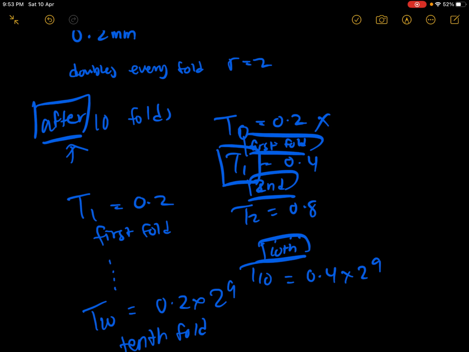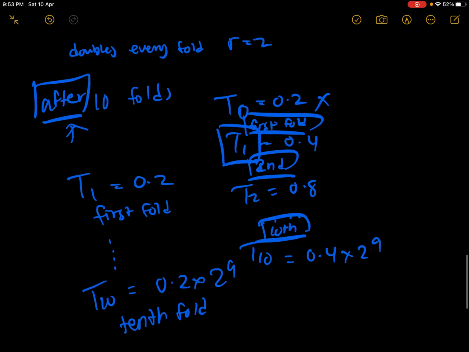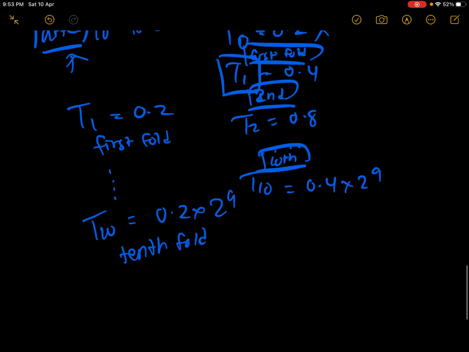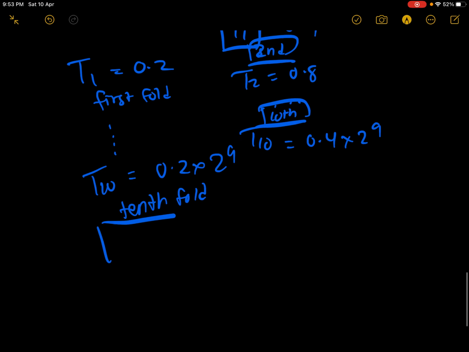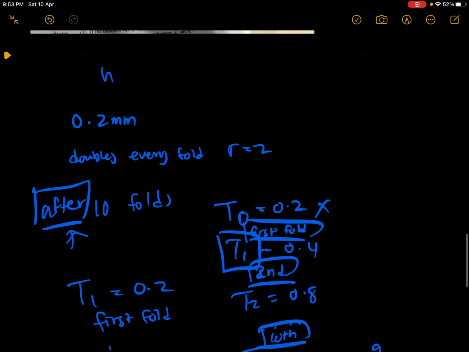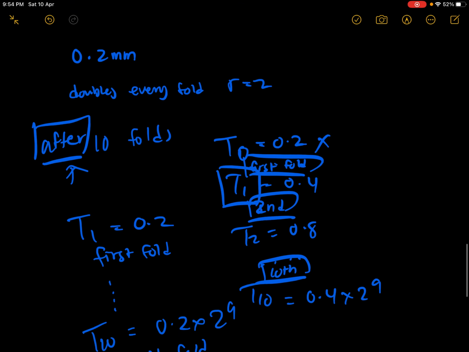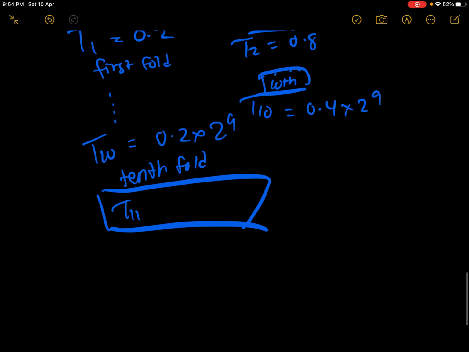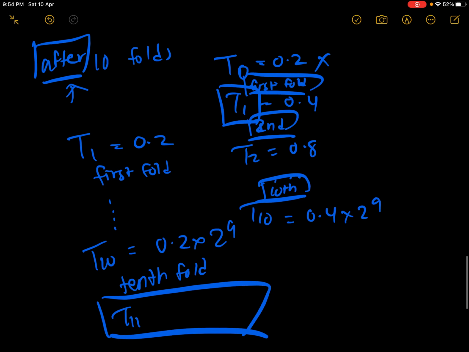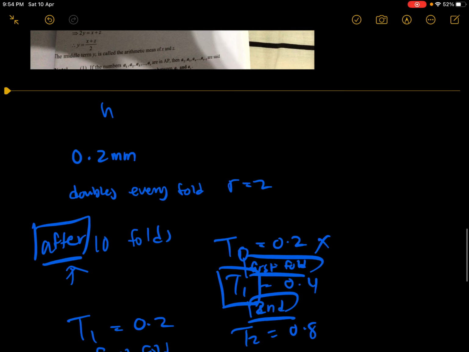They're asking to find after 10 folds, so you need to find the term after that, which is T11. Even though you can do it, I wouldn't recommend it because it gets confusing.